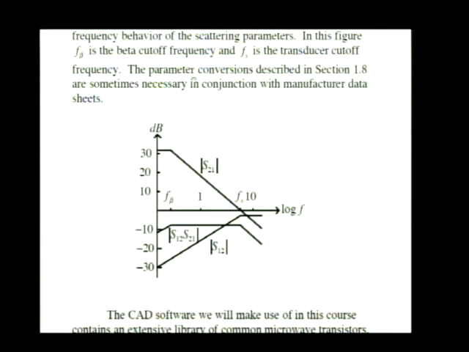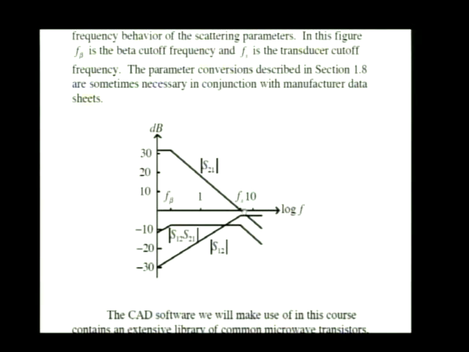That forward transducer gain gets lower and lower as frequency is increased until finally the gain becomes unity gain, or on my logarithmic scale, the logarithmic gain becomes 0.